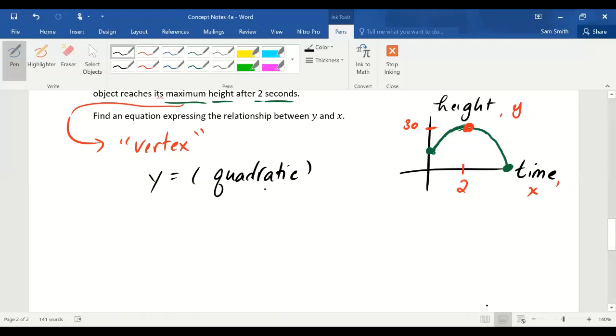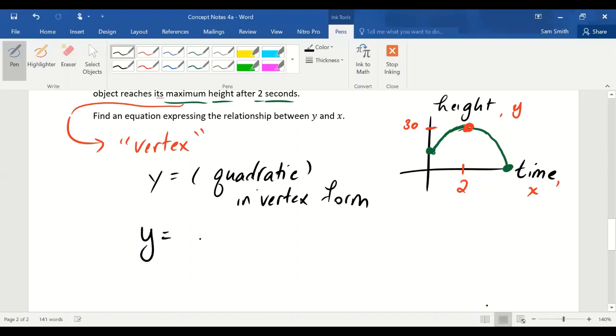We could try and write this quadratic equation in factored form, or we could try and write this quadratic equation in vertex form. And I think because we have been given information about the vertex of this quadratic, I'm going to go ahead and try and create this quadratic equation in vertex form.